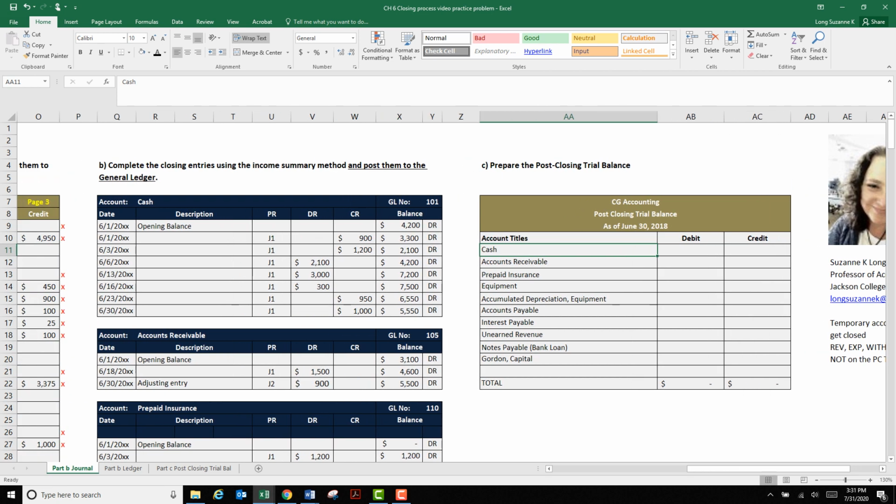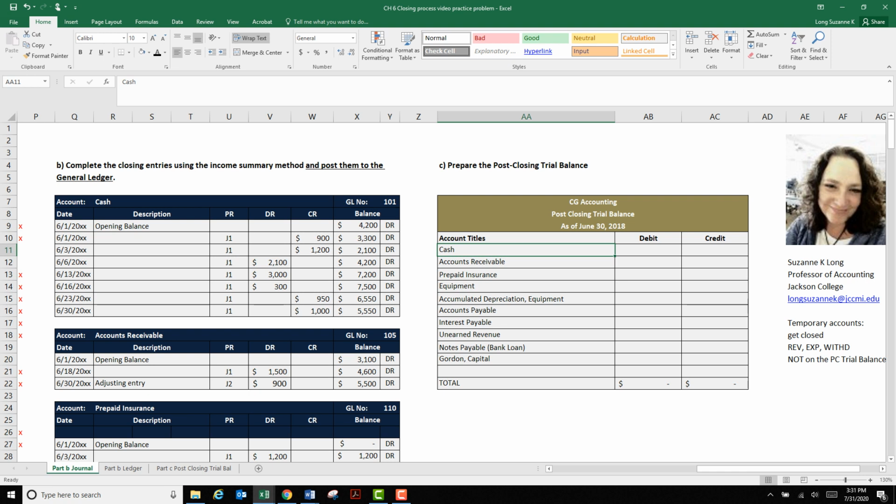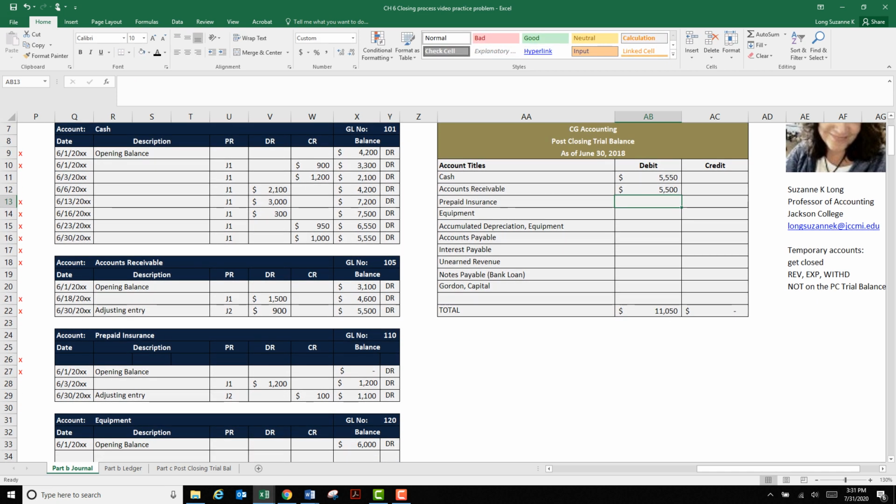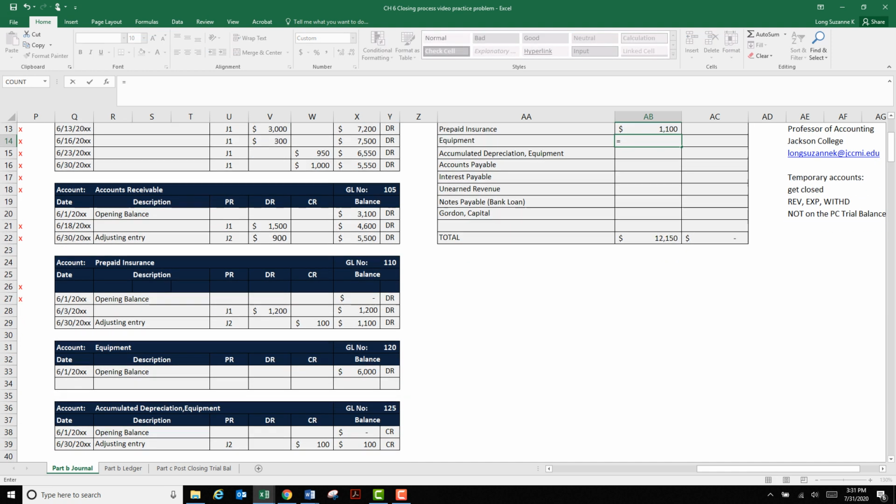Okay. Now we need ending balances. So for cash, again, I highly recommend a cell reference. Equals, click, enter. Equals, click, enter. And so forth. Let's get all these balances in here, and we'll see where we're at.